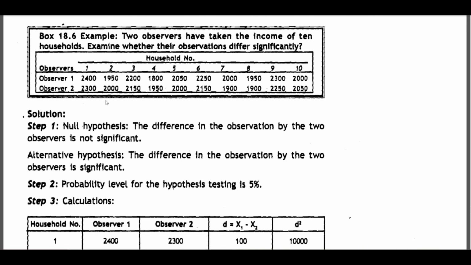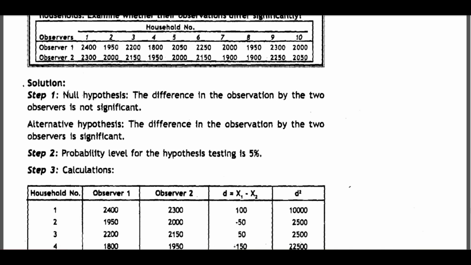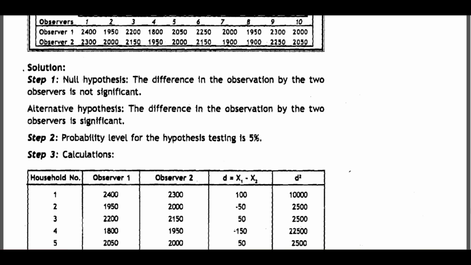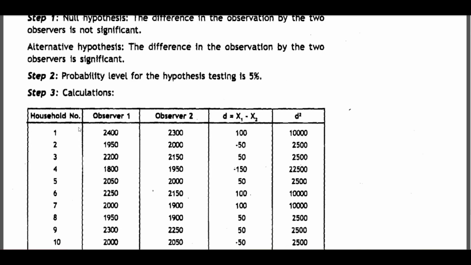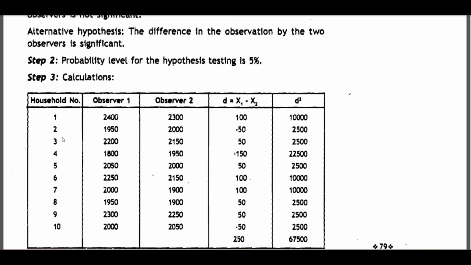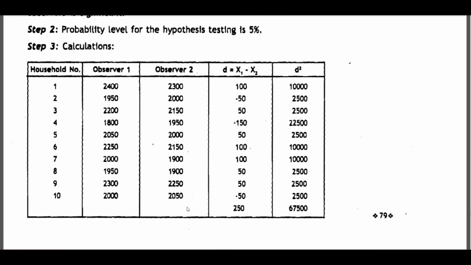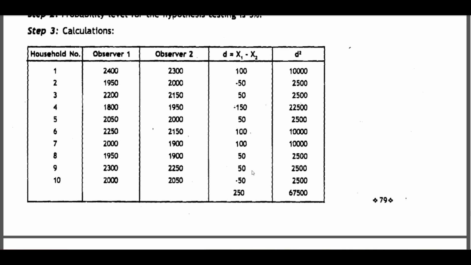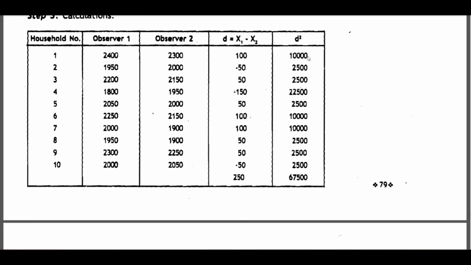The solution: the first step is the null hypothesis, that the difference in observations of the two observers is not significant, and the alternative is that there is a significant difference. Step 2 is the probability level, which for the hypothesis is 5%. Then we do the calculation. Here households 1 to 10 are listed, with the reading taken by observer 1 and the reading taken by observer 2, and the difference in the readings and their squares.